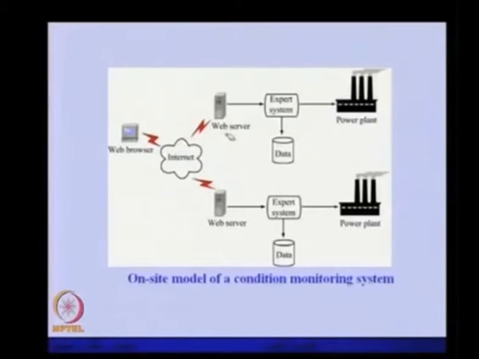If there is some unusual case, they can pinpoint that a fault has already appeared in some machine component or sub-plant, or that it is going to happen. So that kind of interface we can build for such large systems.